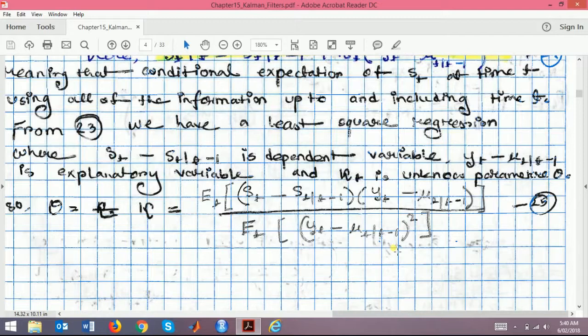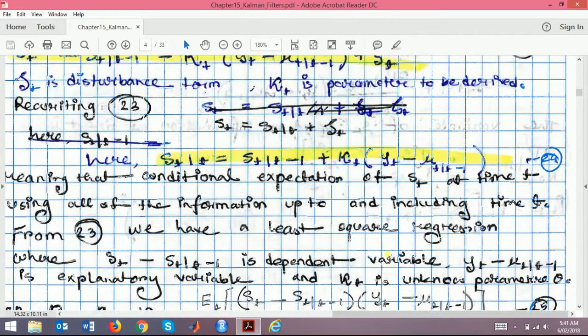First the mean, S10 equals φ S00. Then the variance P10. Then the one step ahead prediction error, S1 minus S10 equals φ(S0 minus S00) plus Vt. Then the variance, P10 equals φ squared P00 plus σ squared V, the variance of the disturbance term. Then we use these in our updating in our prediction phase.